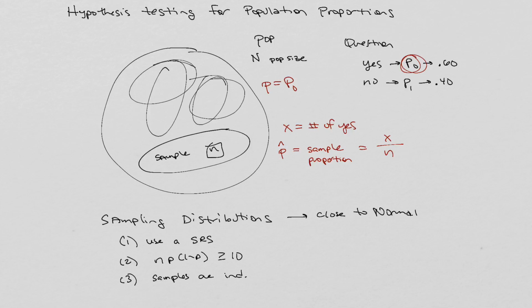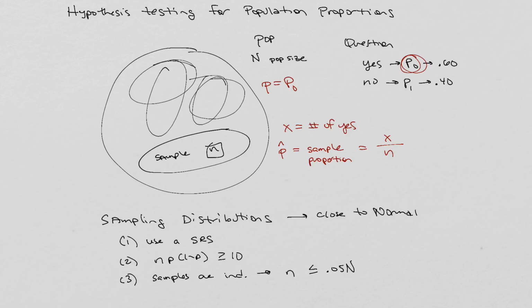So as long as the population is a lot bigger than the sample size, we're okay, and the number we're going to use is 20 times larger. So here's the check: if little n, the size of the sample, is less than or equal to 0.05 times capital N, the size of the population, then it's so spread out that we can pretty much assume it's going to be independent.